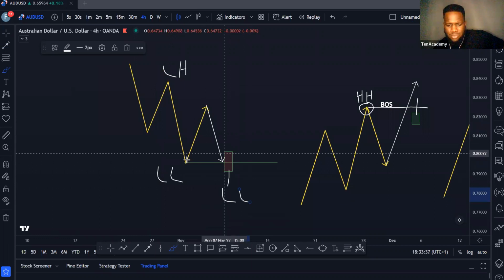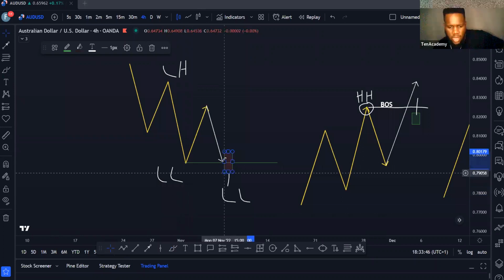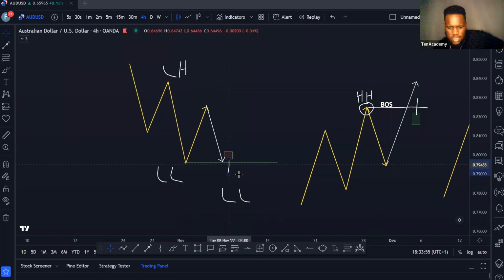If price goes beyond this particular structural area, and it was broken by a wick, like so, this is not a break of structure.